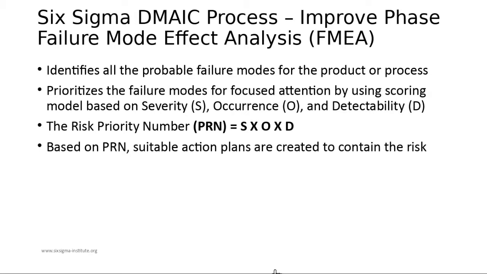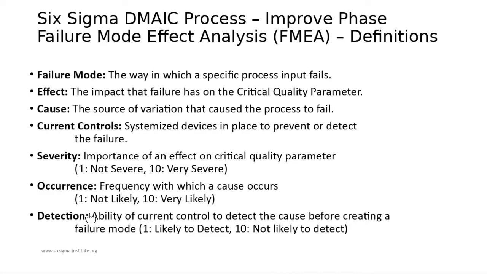After you get the score, by the way, for the SOD, all of them scale from 1 to 10. 10 is very high, 1 is very low. When you get the score for each of those categories, for every event, you multiply them together and list all the types of failures that can happen in the process or the product.